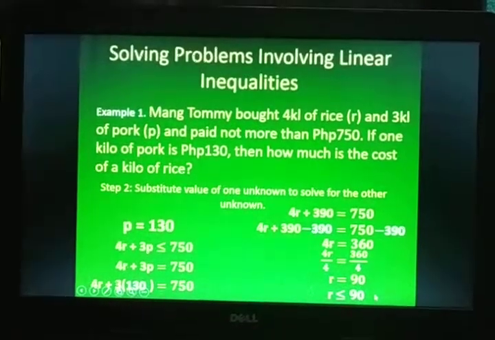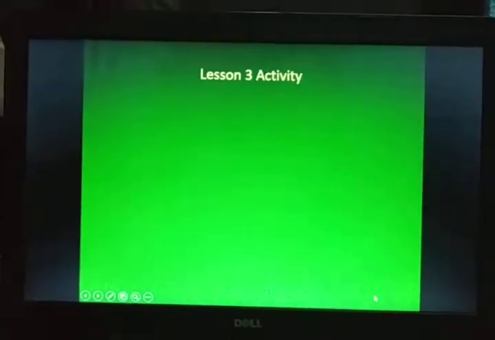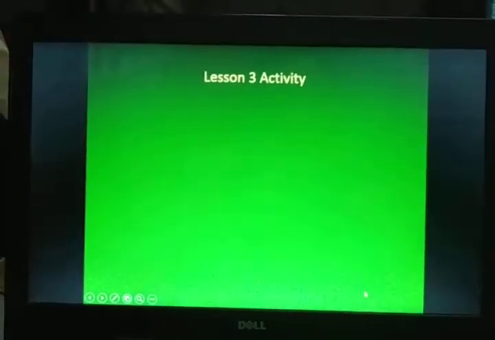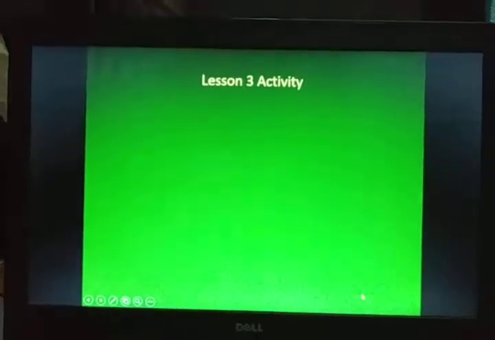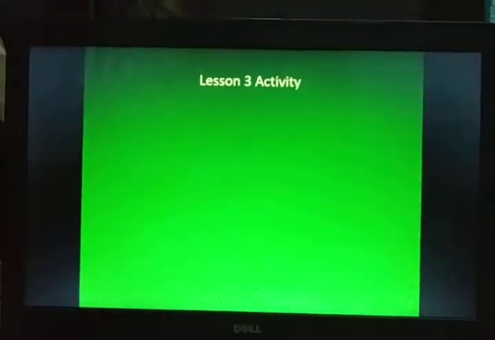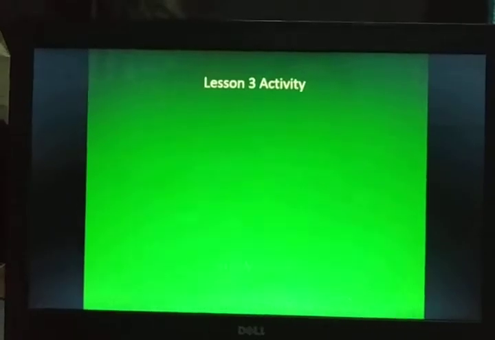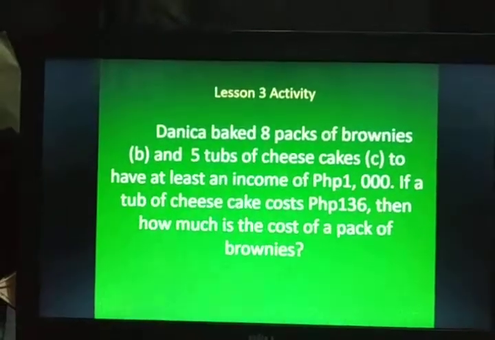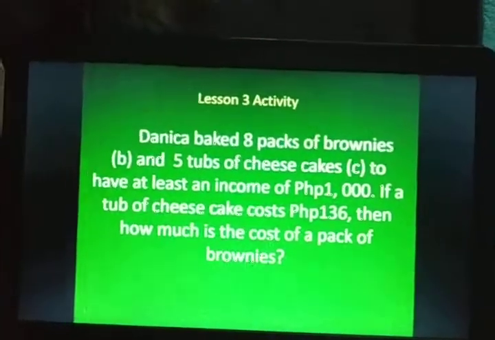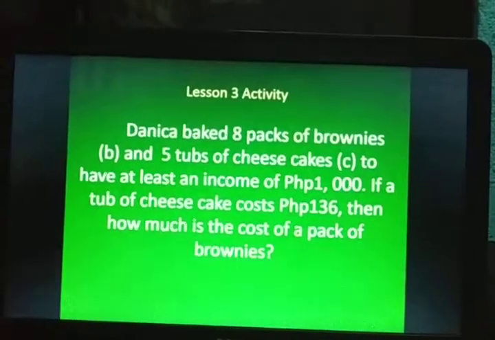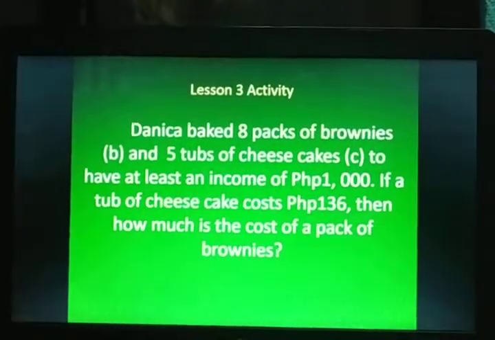Okay. Now, if you did not get the lesson, repeat reading and watching the video so that you can answer the lesson 3 activity. This is very easy. I want you to solve for the unknown. Let me read you the problem.